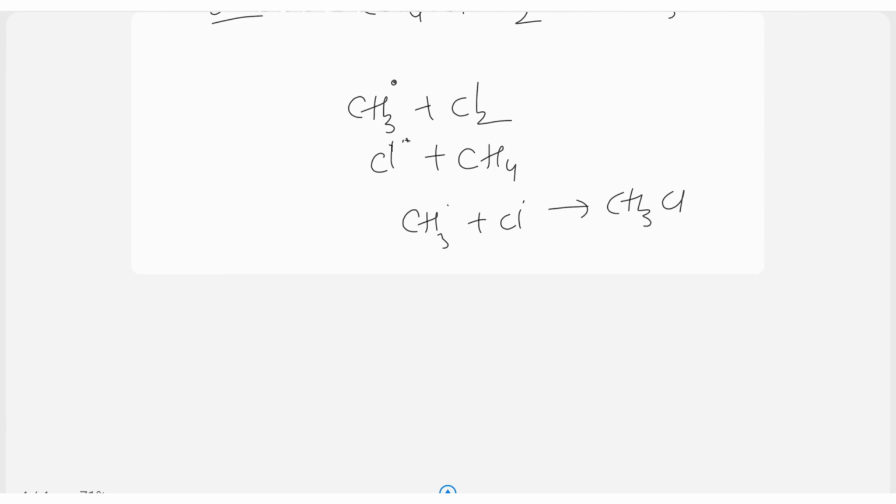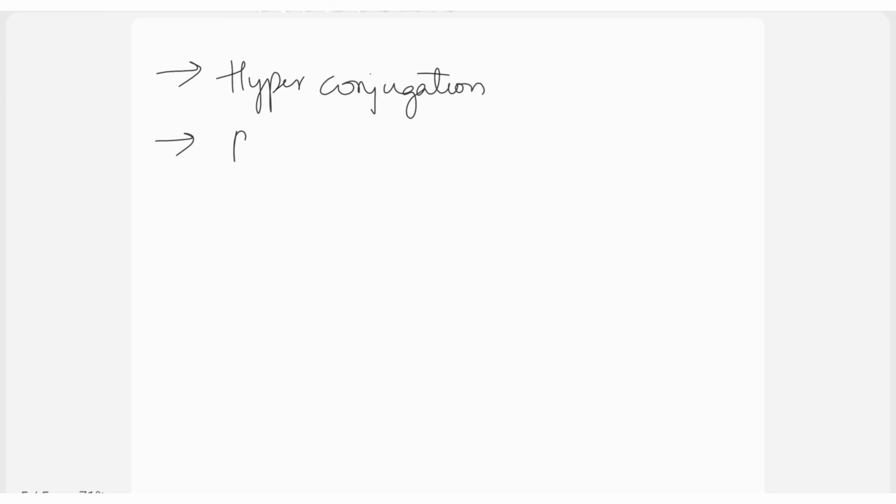Now what are the factors that will stabilize the free radicals in an organic reaction? The first is hyperconjugation, and the second phenomenon is resonance. These two support the stability of free radicals.